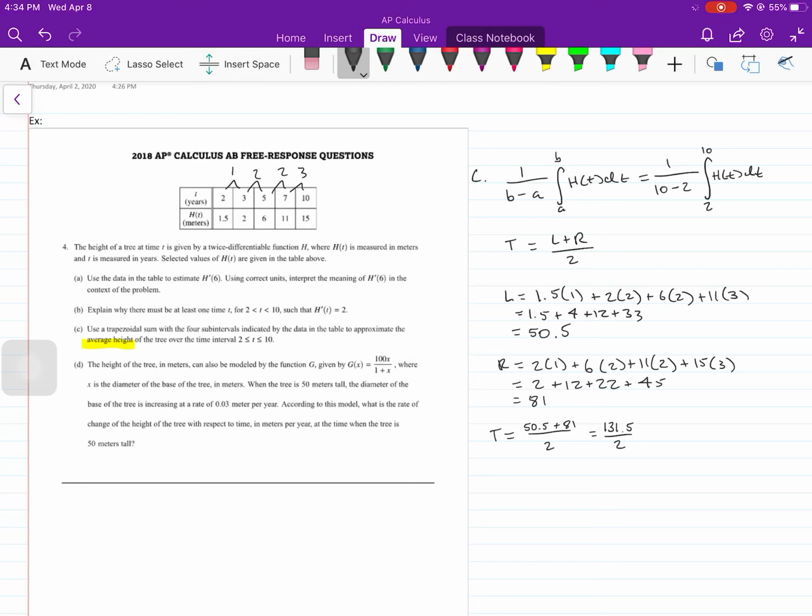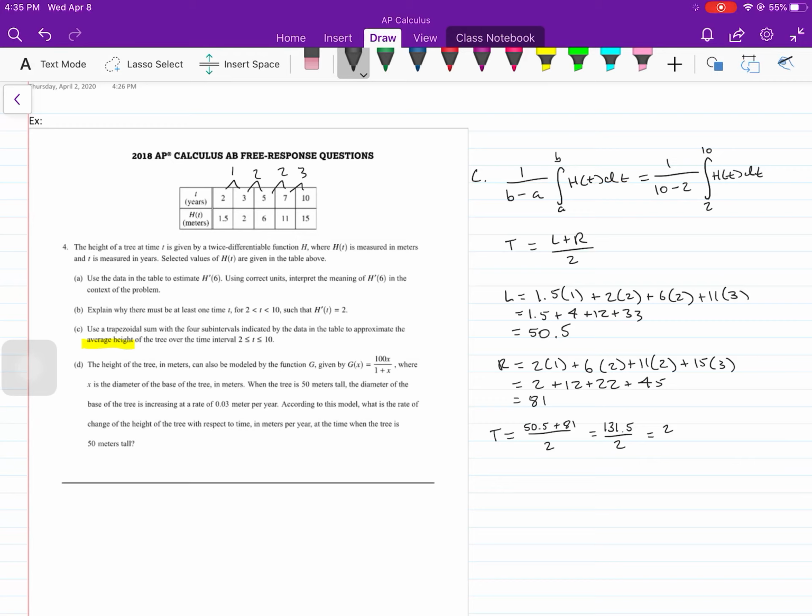Need to double check, make sure I'm doing this right. 131.5 divided by 2, and that's 65.75.